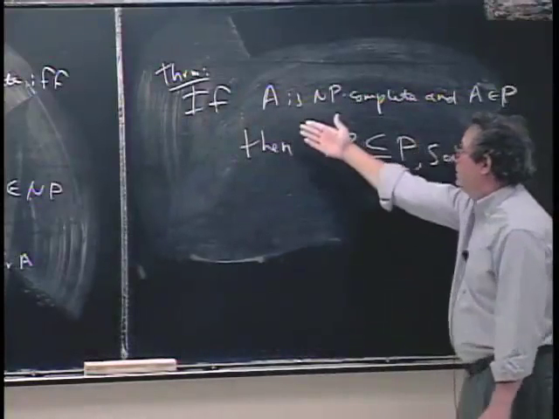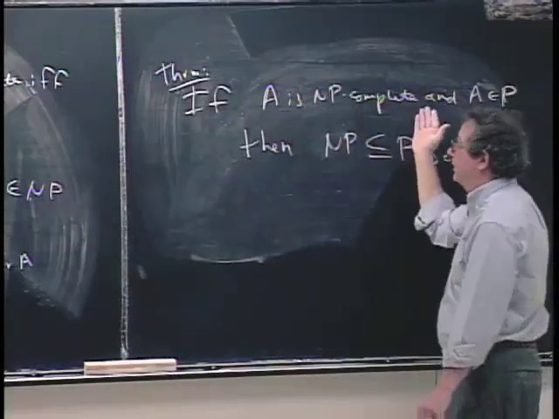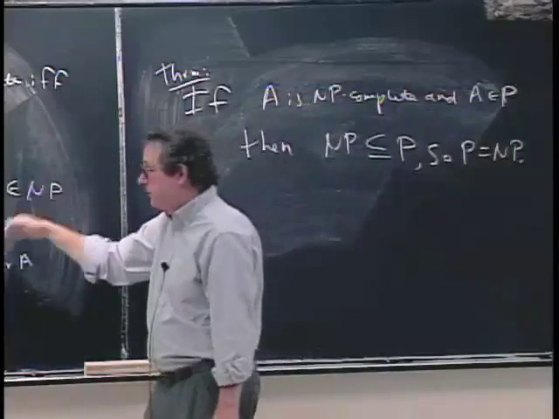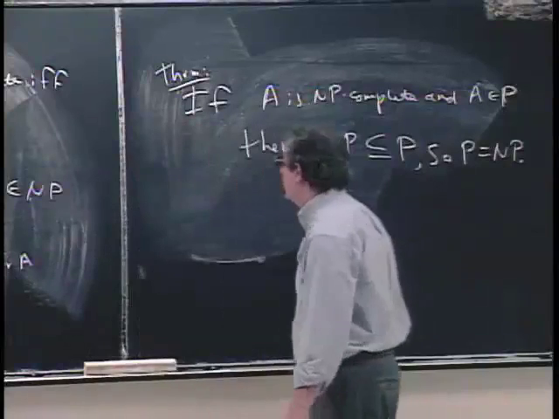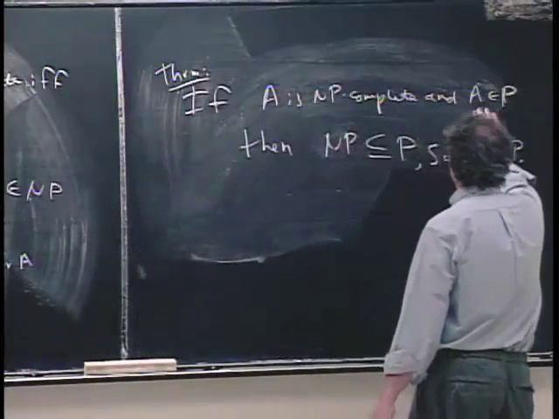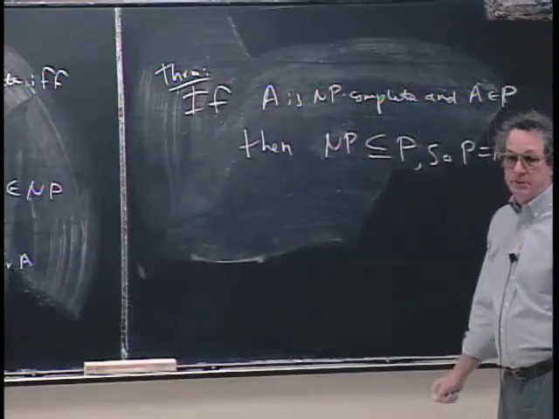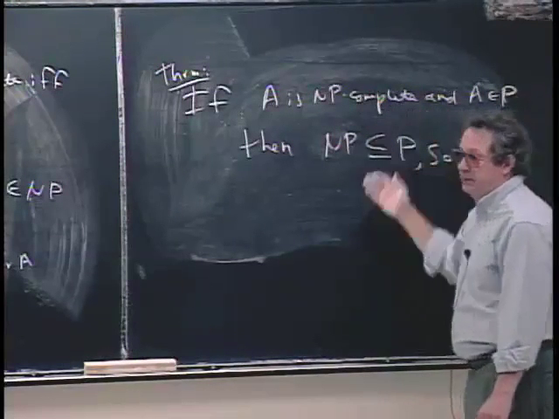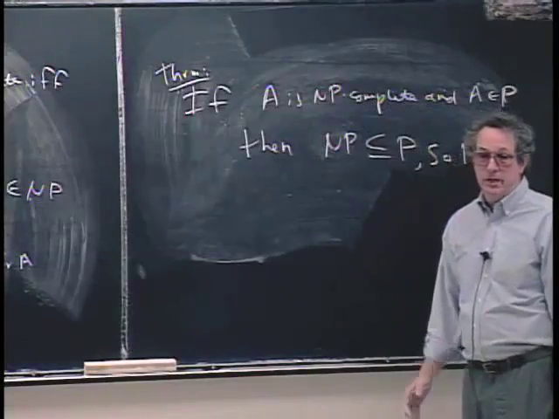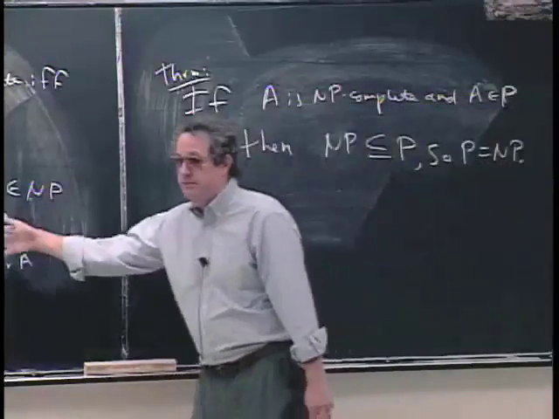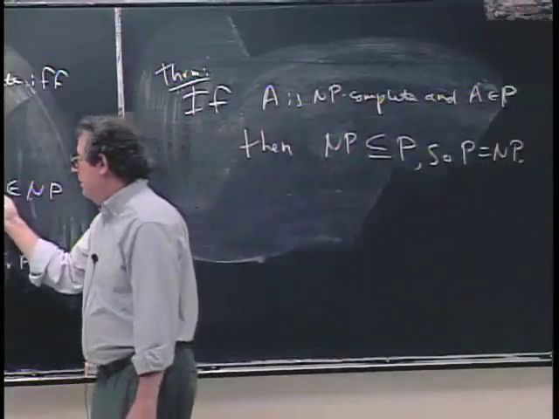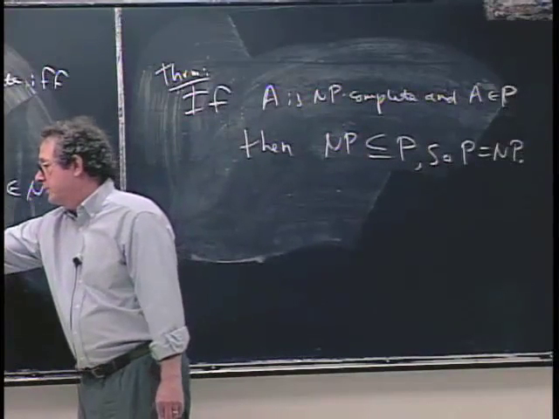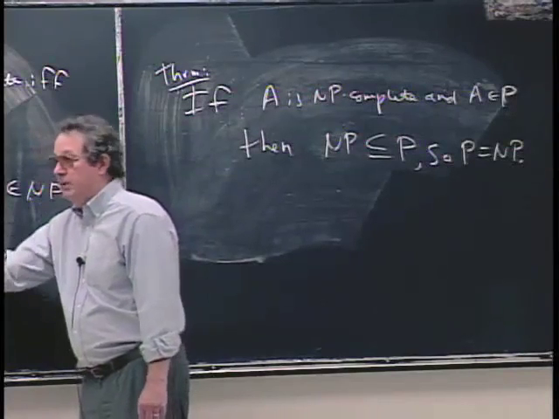If you have a single language, A, that's NP-complete, and NP-complete means that any other language in NP can reduce to it in polynomial time, and that language A happens to be decidable in polynomial time, then any language in NP is decidable in polynomial time. Again, by this kind of construction, by just using the reduction. L is some language in NP, and you use the reduction that reduces L to A in polynomial time.